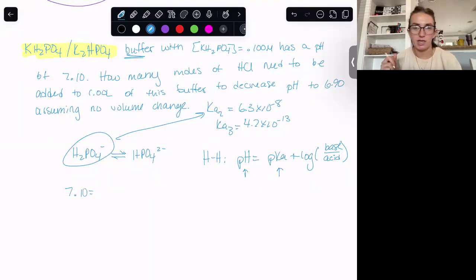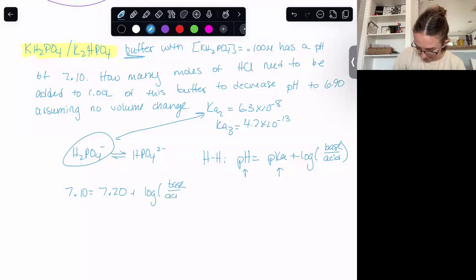The pKa of Ka2, if you take the negative log of that, is going to be 7.20. And that's going to be the log of base over acid. So then you get negative 0.10 is equal to the log of base over acid.